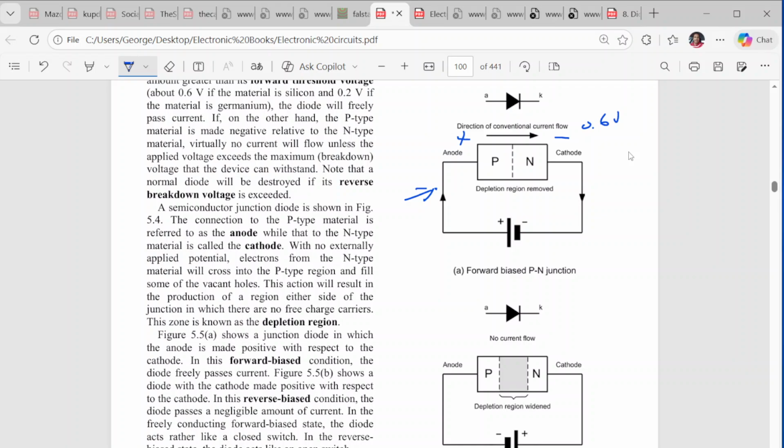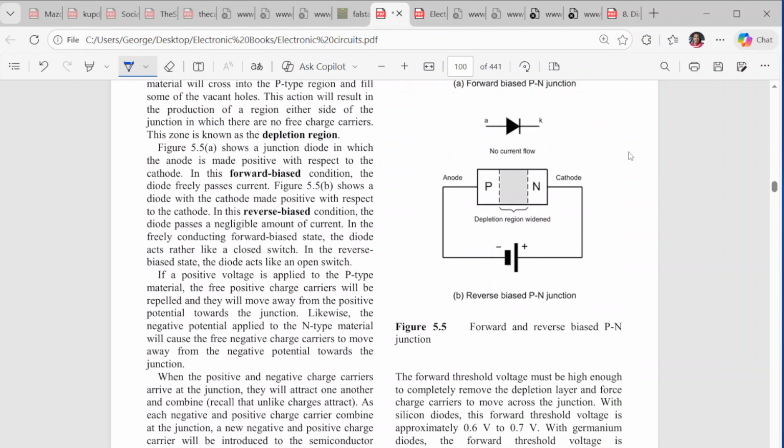If on the other hand the diode is in reverse bias, meaning that the negative side of the battery is applied to the anode and the positive side of the battery is applied to the cathode, then notice the size of the depletion region. The gap between the P-type material and the N-type material is wide, so this prevents current from flowing in one direction.